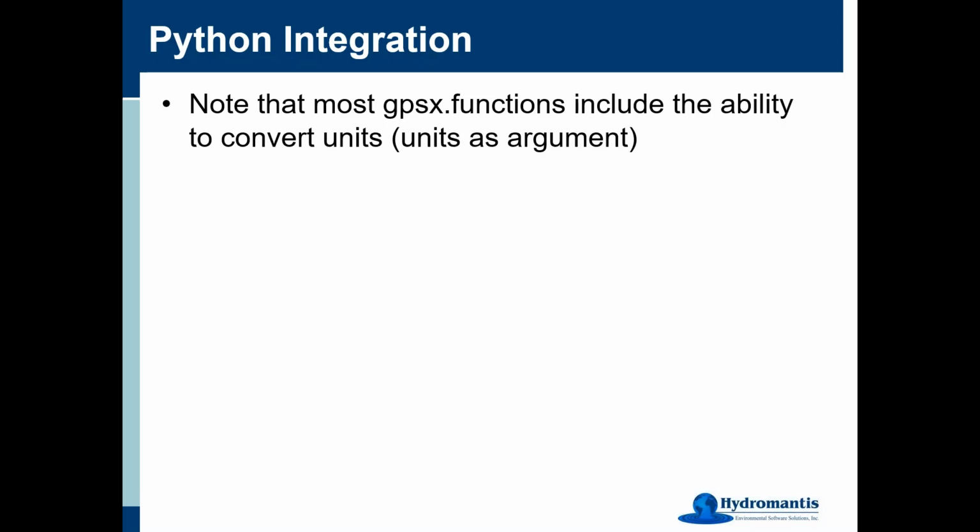If you have done customization in the past in Axle, you will know that you have to set everything in standard SI units because Axle is using SI and all of our calculations are done in SI. However, in Python, you now have the option to work in whatever units you like. So in things such as get value, you can specify that you want to get a particular value of a parameter in GPSX in a specific unit. And then once you've retrieved it into your Python environment, you can work in whatever units you like.